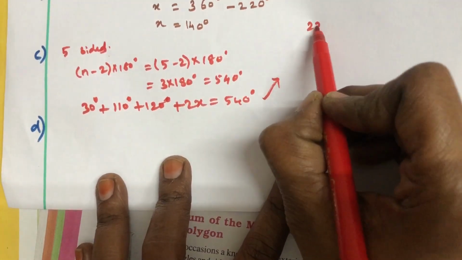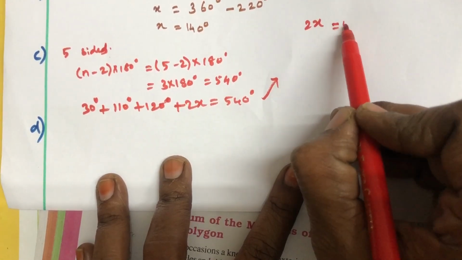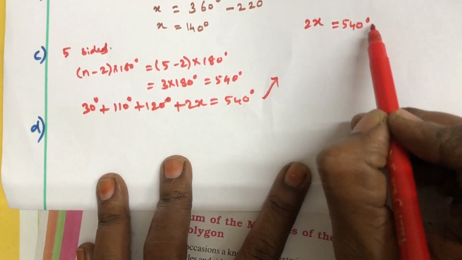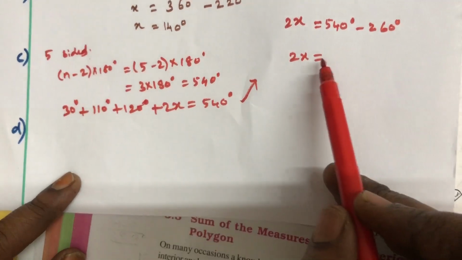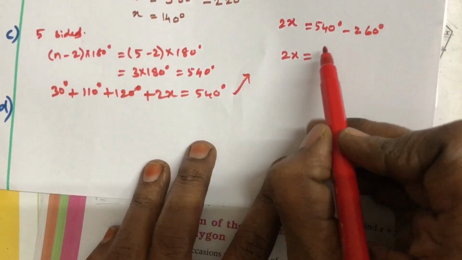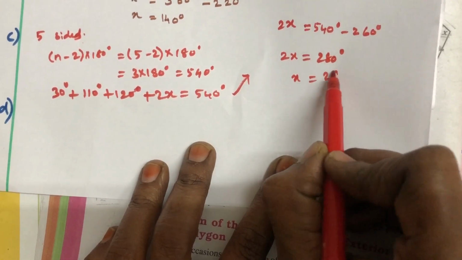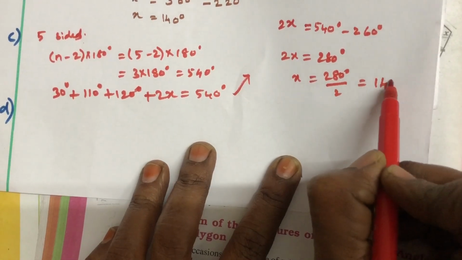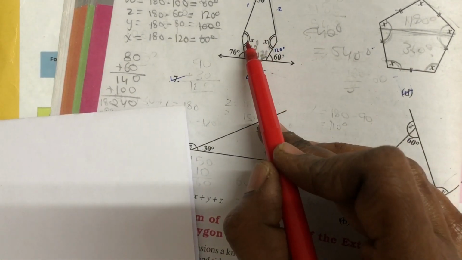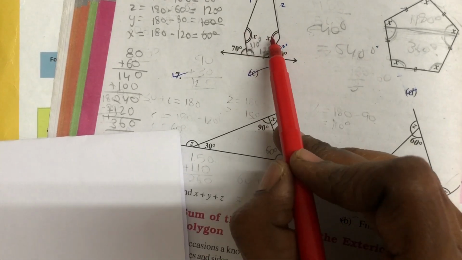So 2x, keep the x here only, equal to 540 degree minus 260 degree. 2x equal to 280 degree. X is equal to 280 degree divided by 2, which is equal to 140 degree. So the value of x here and here, these two angles are 140 degree, 140 degree.